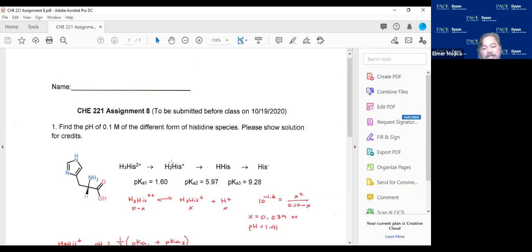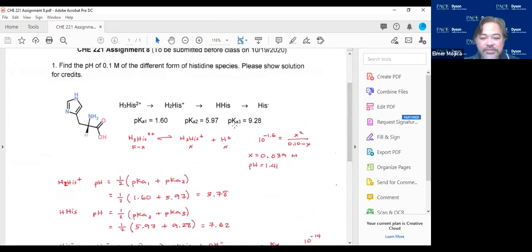Now the second one is just the average between this and this one: this plus this divided by 2. Whatever that pH is, that's the pH we're in. You have 0.1 of this. The third one uses pKa2 and pKa3. You get the sum and divide by 2, and you will get the pH.